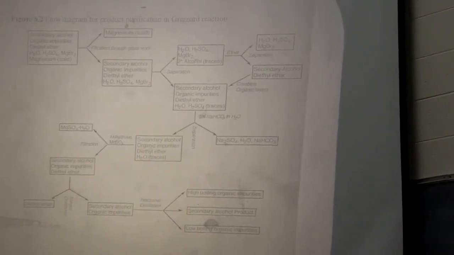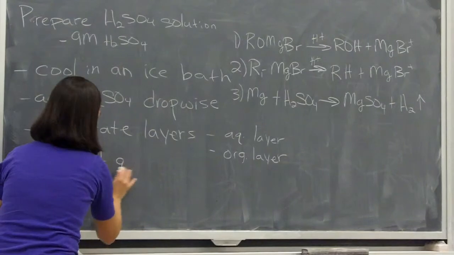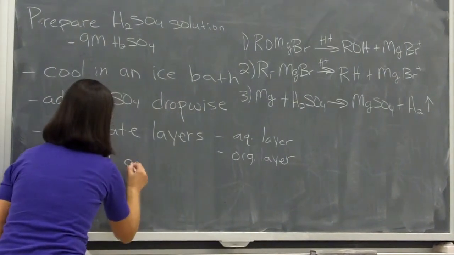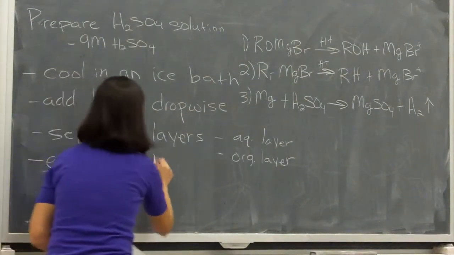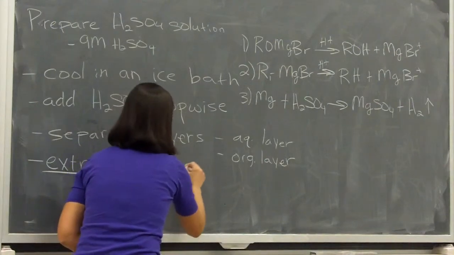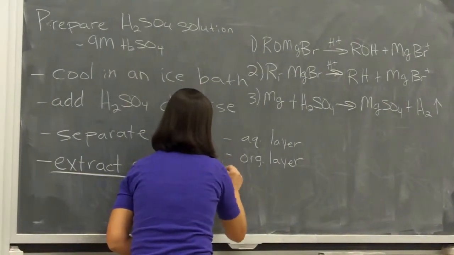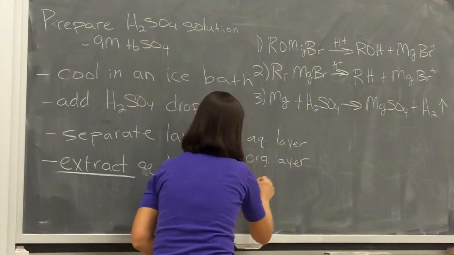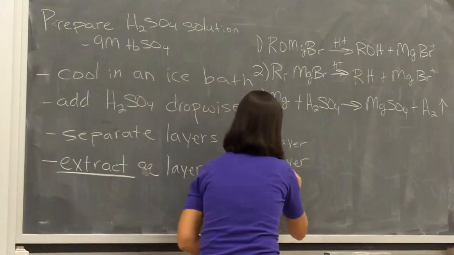We're going to take the aqueous layer, and what we are going to do is what is called extract the aqueous layer with ether. And this is regular ether now. We don't have to use dry ether.